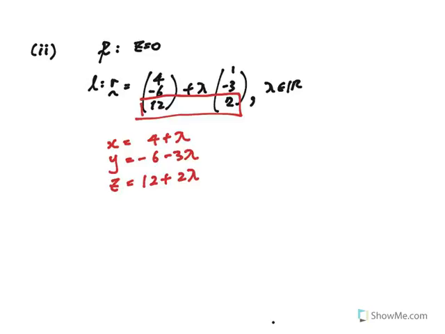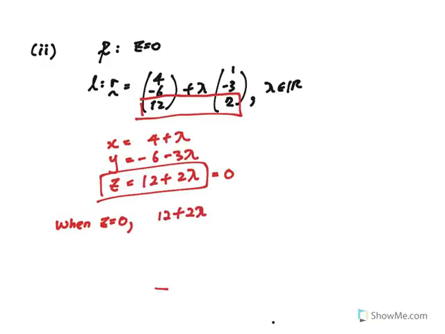If we solve them simultaneously, we want z to be equal to 0, because we want the intersection with the plane. So when z equals 0, we have 12 plus 2 lambda equal to 0. This means that lambda should give us negative 6.